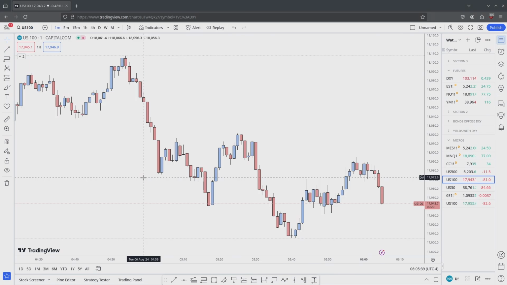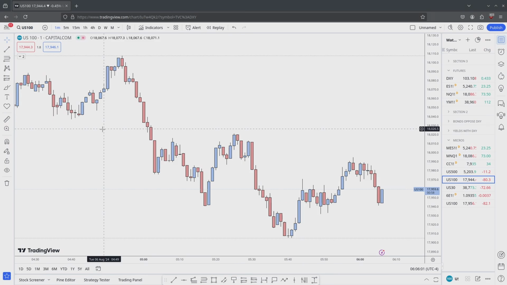Those PD arrays are going to be the volume imbalance as well as the institutional order flow entry drill, which is a small fair value gap, and price usually tends to tap into the opening or the low of that fair value gap and then trade down lower.